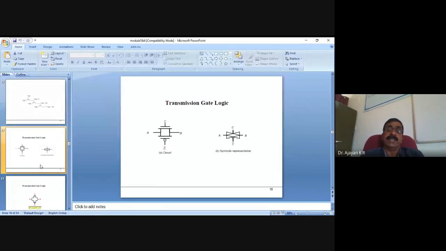So VGS of the NMOS is the potential difference between C and A, that is C is equal to VDD, A is equal to 0, so naturally it is VDD. All the time the NMOS is on, so it will discharge further to 0. So we can avoid the problem of weak 1 and strong 0. Okay.